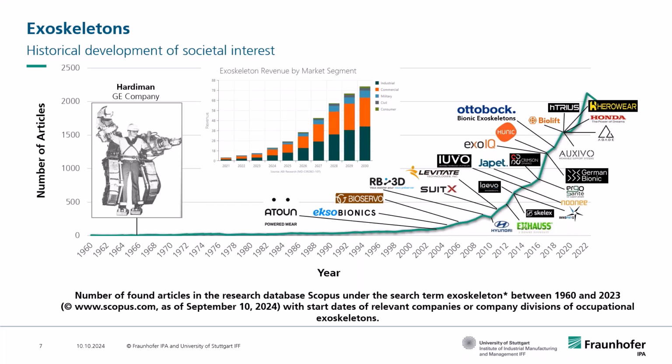You can also see in the curve the timeline of when some of the exoskeleton companies launched their first exoskeletons. So this is a still ongoing process, and we are currently seeing more than 100 commercially available exoskeletons on the market.